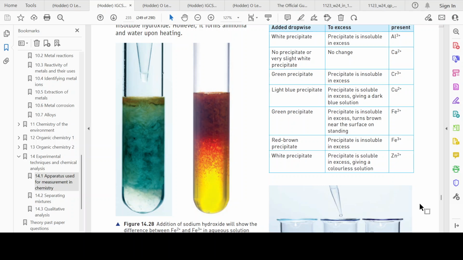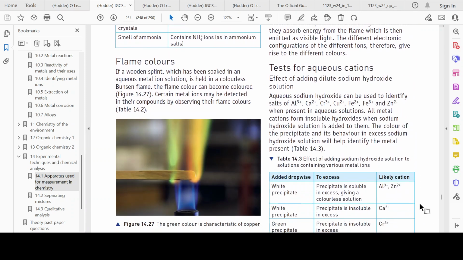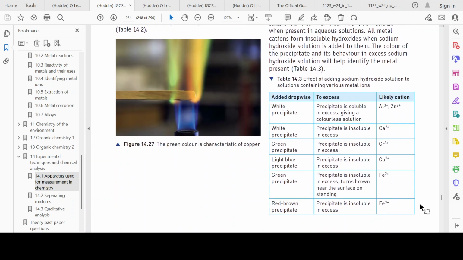And for iron 3, red brown precipitate, insoluble in excess. So definitely iron 3. And then remember, for sodium hydroxide, you were going like, okay, it's either aluminum or zinc, right? Because there's a white precipitate and it's soluble in excess sodium hydroxide, giving a colorless solution.